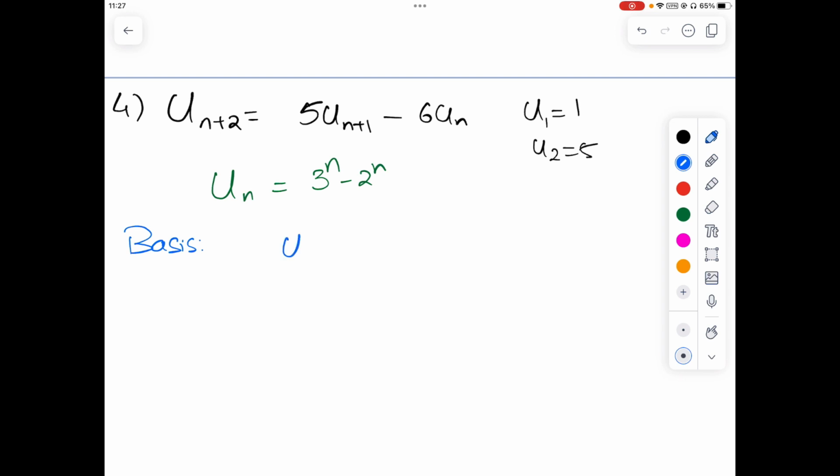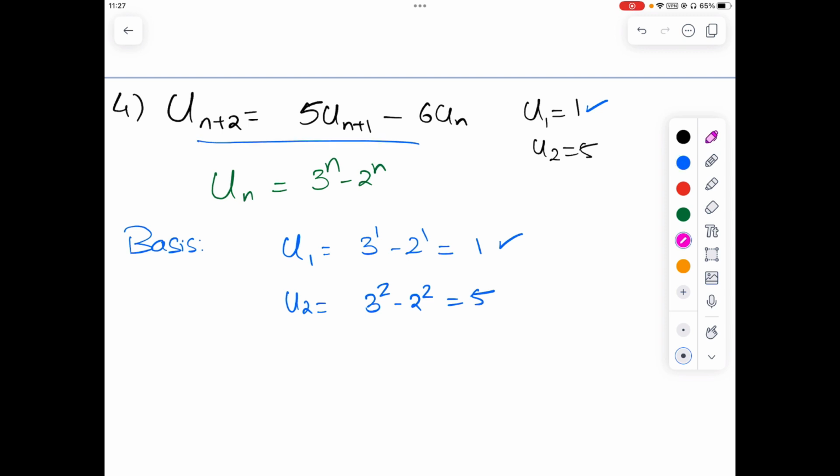For basis I do u1 equals 3 power 1 minus 2 power 1, which is 1. It is true. Then n equals 2, it becomes 3 power 2 minus 2 power 2, which is 5. Using the recursive formula, we have to find u3 also, because my recursive formula's first term is u3.